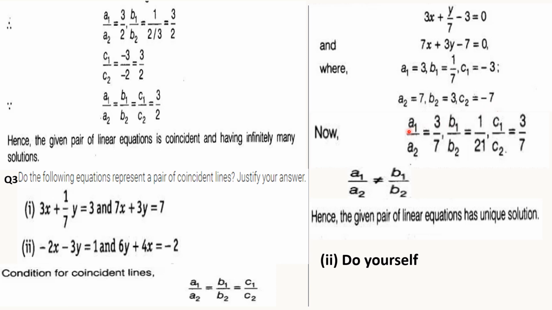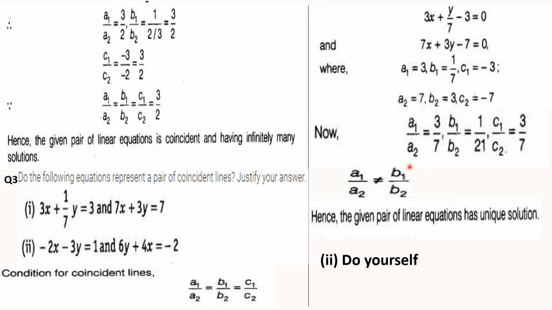The ratio a1 by a2 is 3 upon 7. The ratio b1 by b2: b1 is 1 upon 7 and b2 is 3, so we get 1 upon 7 multiplied by 1 upon 3, which on solving gives 1 upon 21. Similarly, the ratio c1 by c2 is 3 by 7.